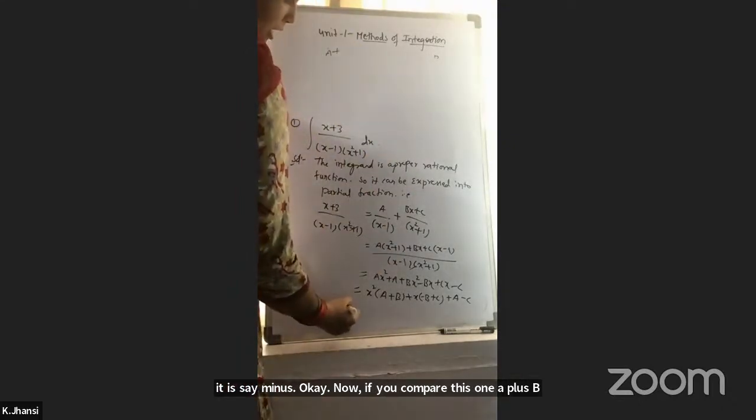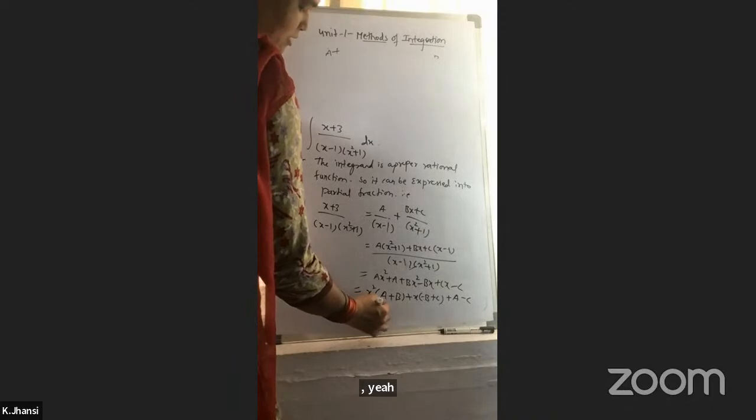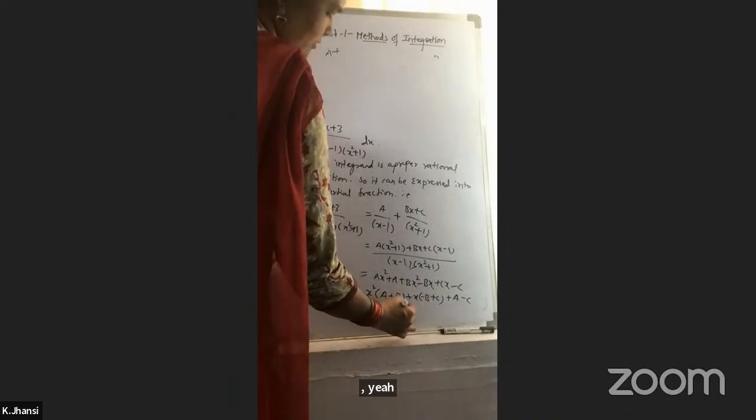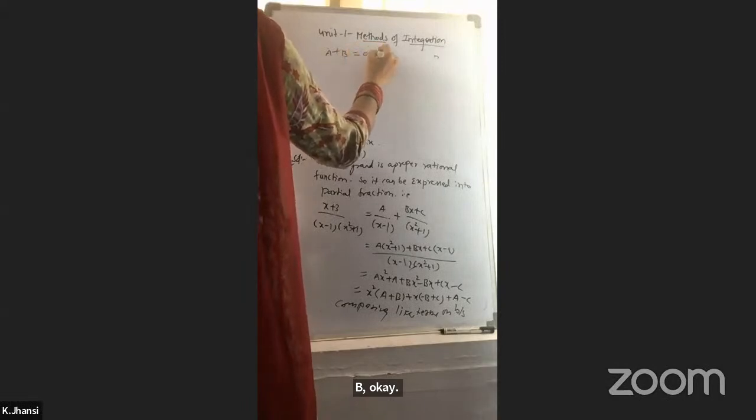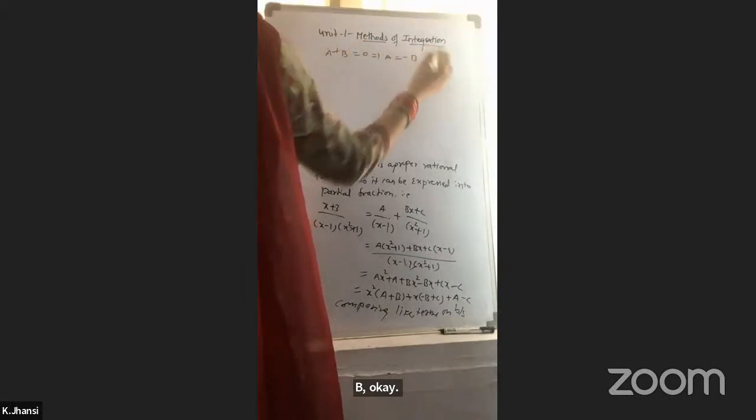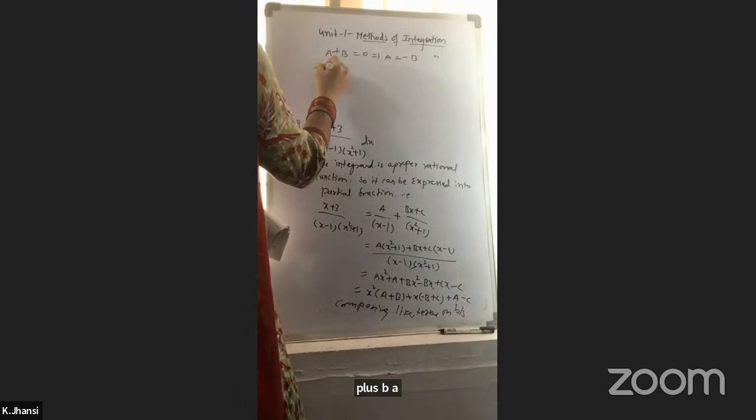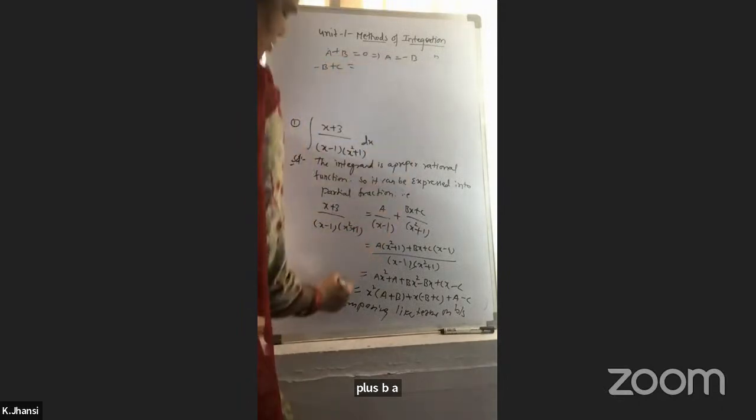Here you write comparing like terms on both sides, equating. a plus b equals 0 implies a equals minus b. Next one is minus b plus c equals 1.